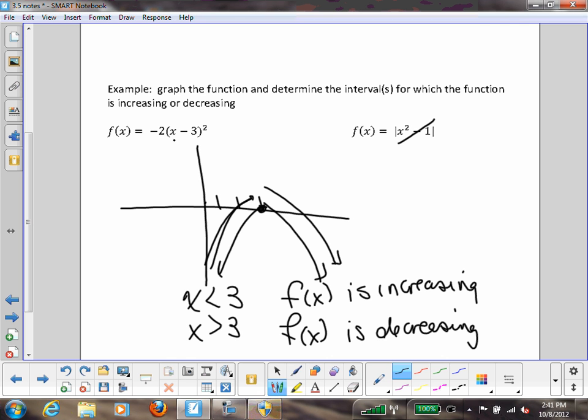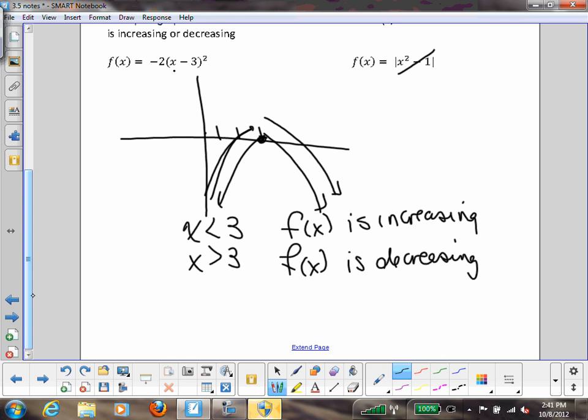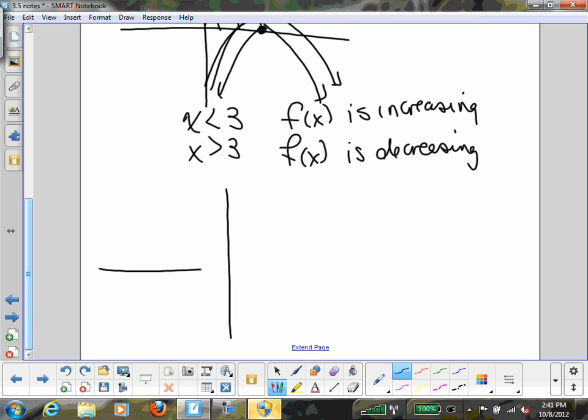I'm not going to do this one. I don't like that one. Let me just draw you something.